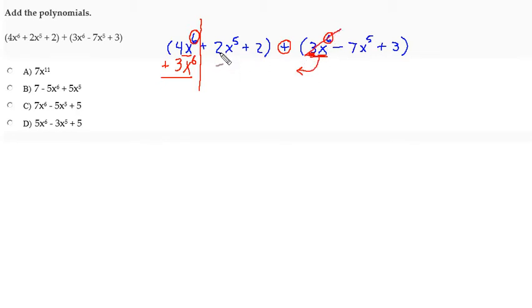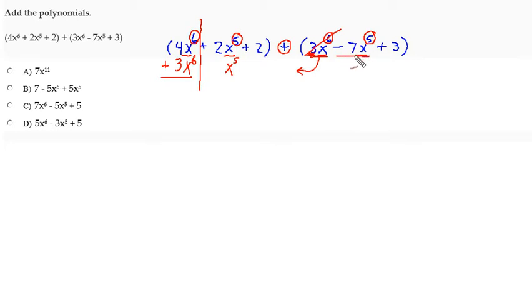Then we move on. We say in this first polynomial we have a term that's an x to the 5th power. Like terms, like we did in the first pair of like terms, have the same variable and the same exponent. So we find that there is a like term that has an x to the 5th in the second polynomial. What we do is say there is another term that's an x to the 5th term.